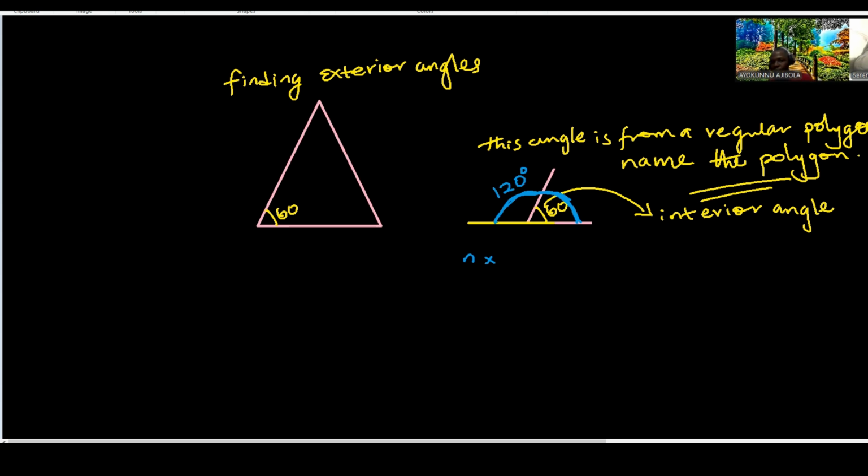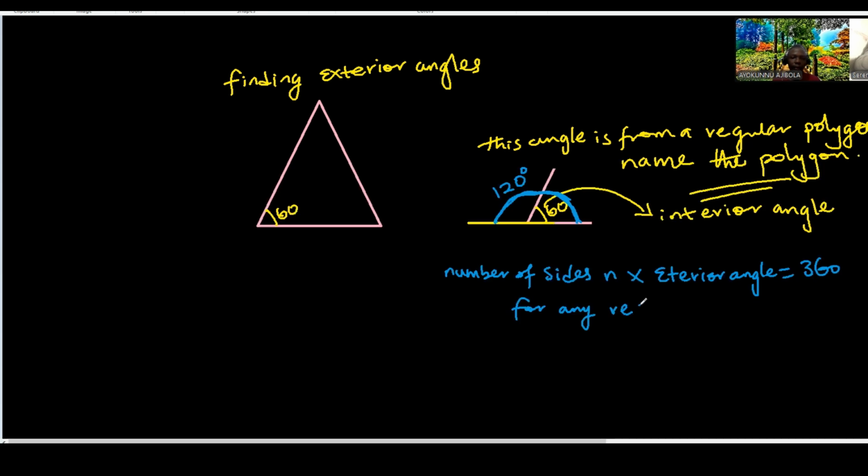Number of sides n of a polygon times exterior angle must be 360 for any regular polygon. Is that clear? For any regular polygon, this principle must hold.